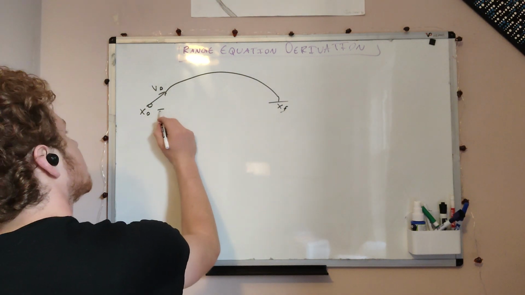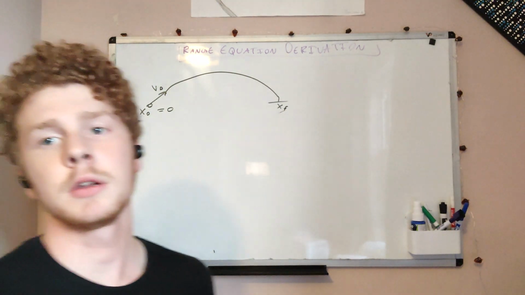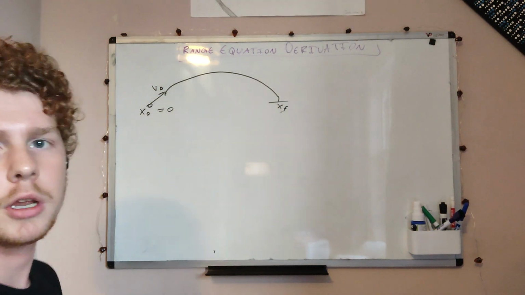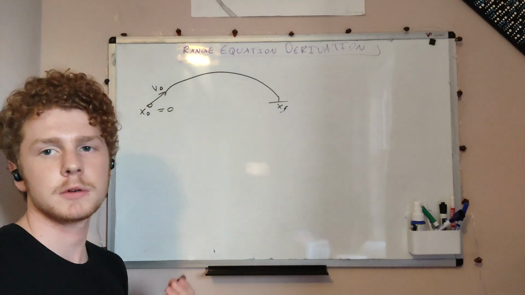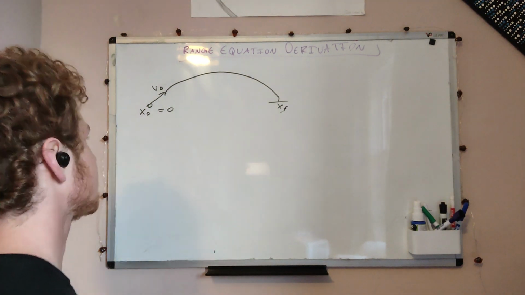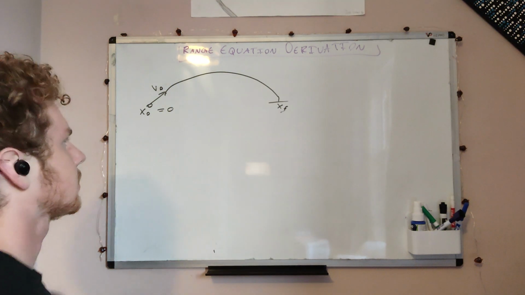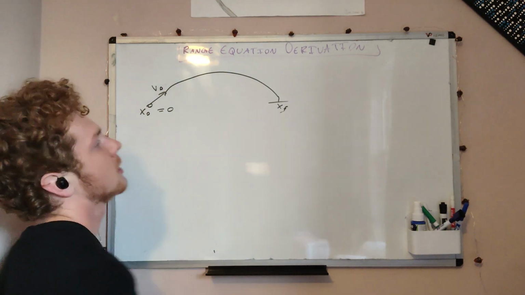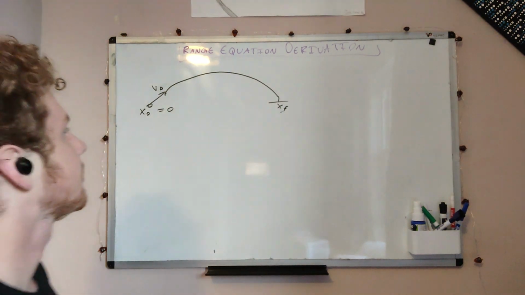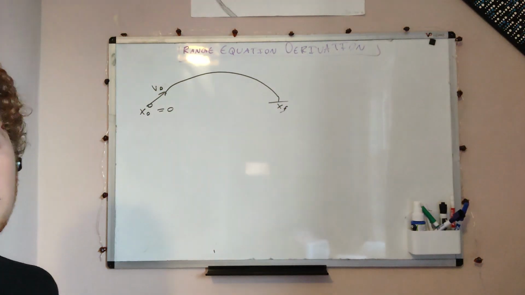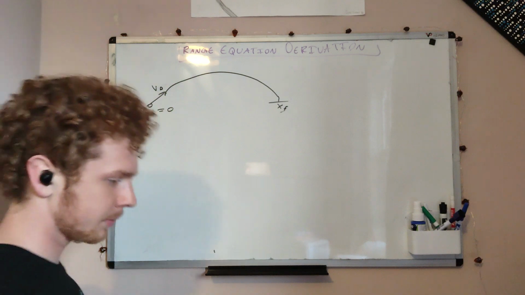And for simplification, let's say that the initial position in both the y direction and the x direction is 0, just for simplicity, because it just makes more sense. What we're trying to find here is, at what distance from me will it hit the ground? Or from the initial position, not necessarily from you, but wherever it started.